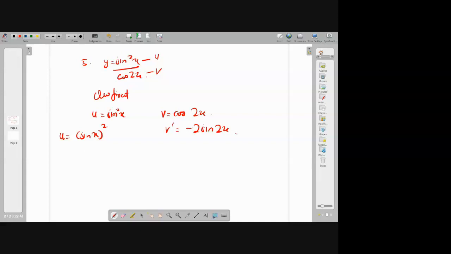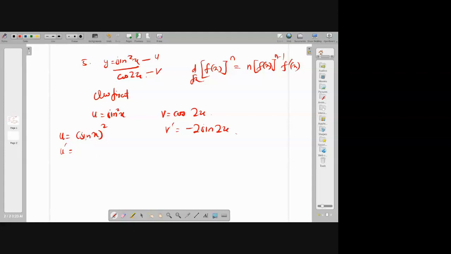Now if we have this, do you know how to differentiate this? Because we rewrite sine squared x as (sine x) squared. Now, if we have this type of expression, can you differentiate it? Remember this technique: when we have (f x) power n, this is equal to n, then you copy what you have in the bracket to the power n minus 1, times f prime x.